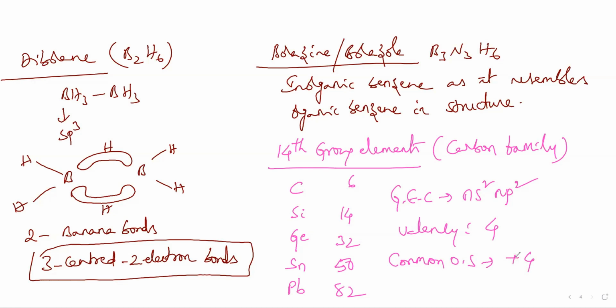So this is about 14 group elements introduction. Let us see one by one the general characteristics.